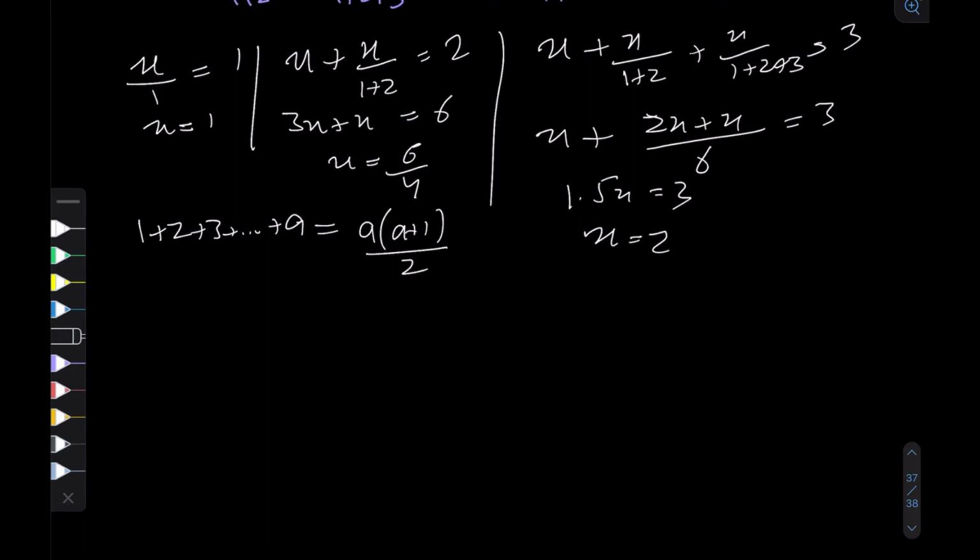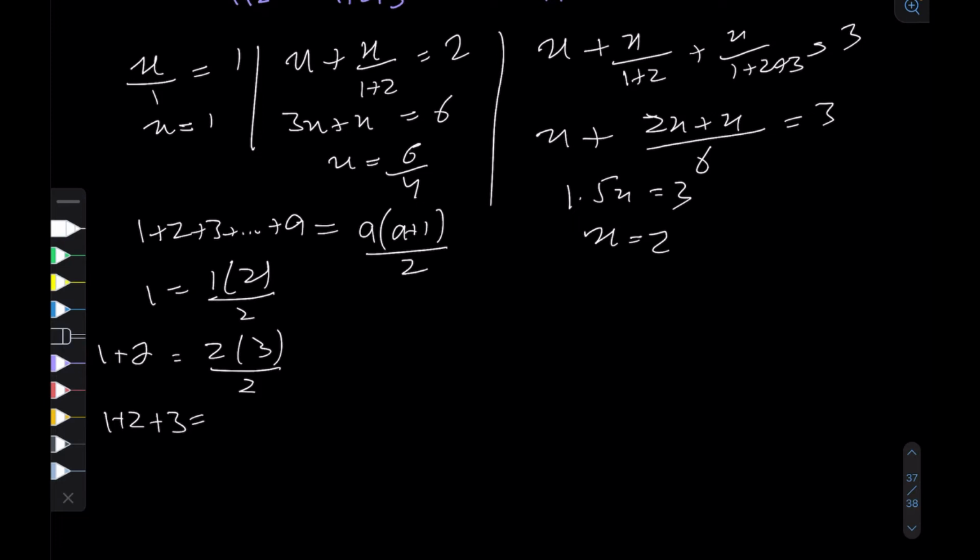I proved this earlier in a video. So for example, 1 is equal to 1 multiplied by 2 divided by 2. 1 plus 2 is the same as 2 multiplied with 3 divided by 2. 1 plus 2 plus 3 is the same as 3 multiplied with 4 divided by 2, and so on.